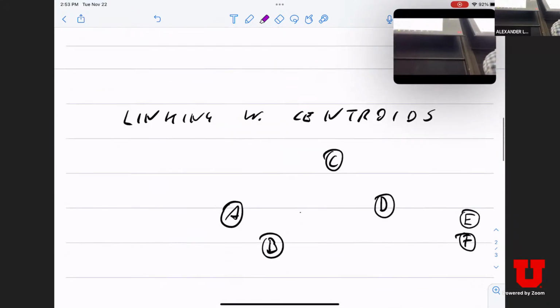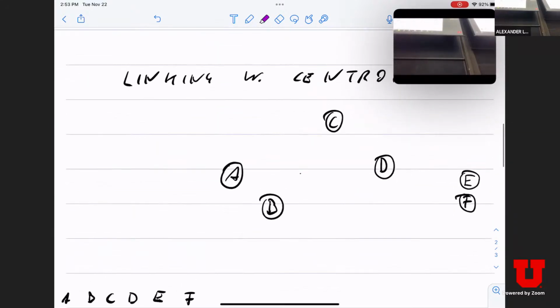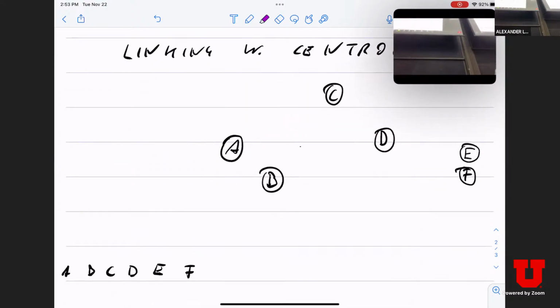And then the other option here would be linkage with centroids, and that's the same principle, but the only thing that's different here is how I calculate my distances between the clusters. So this would still be the closest here, of course.